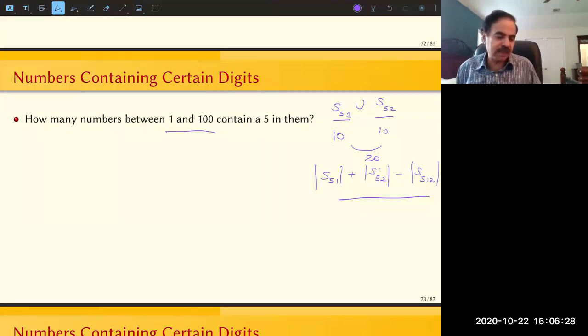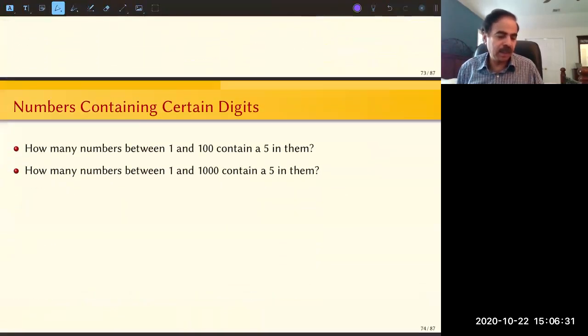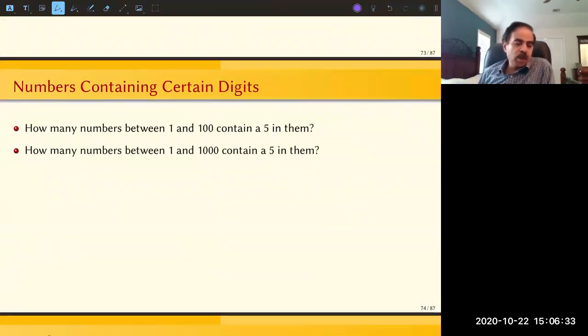So let's make this a little bit more complicated and say, how many numbers between 1 and 1,000 contain a 5 in them? Can anyone try?